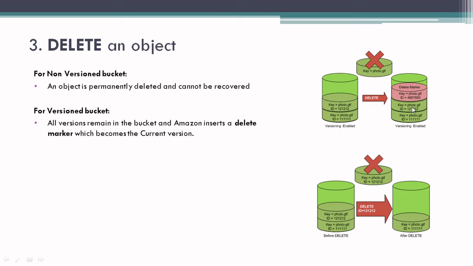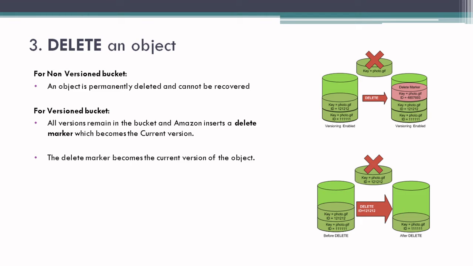They will not get deleted, but one delete marker will get added with a new version ID. So your object will not get deleted, but Amazon S3 will add a delete marker with a new version ID. This prevents accidental deletion.